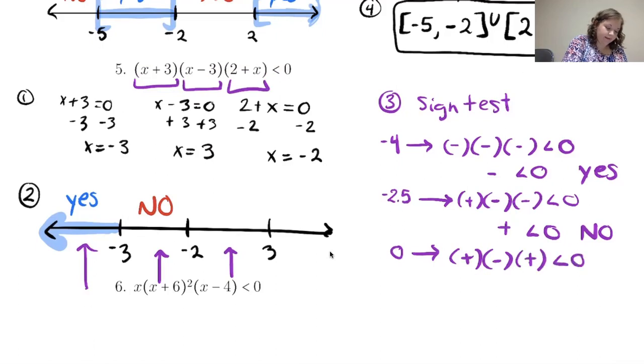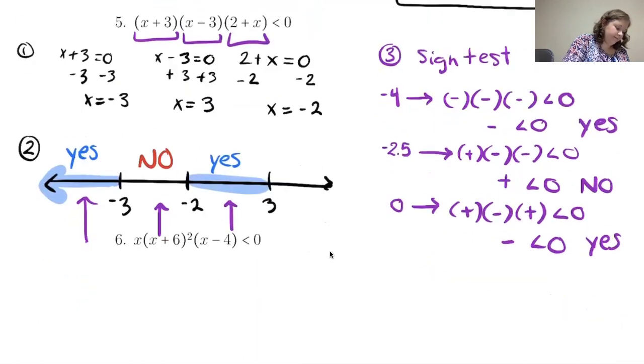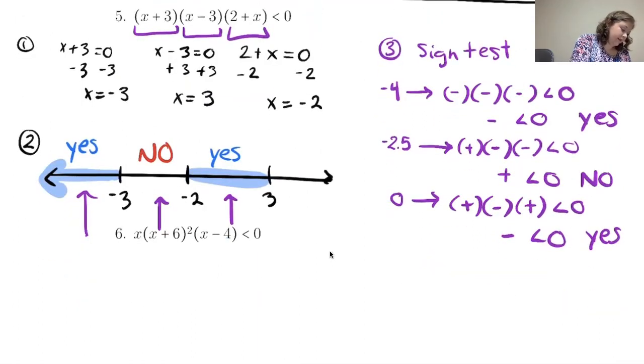And is that less than 0? So positive times positive is a negative, which is less than 0, so that one's a yes. And so shade that interval, and we will go on to the last little interval that we have to test.